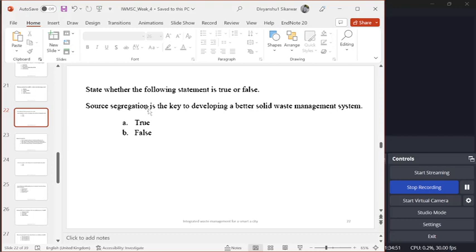But the collection vehicle doesn't have compartments, so they mix it. Although some people might do it, it doesn't make any difference. So this answer is true. Waste source segregation is very important.